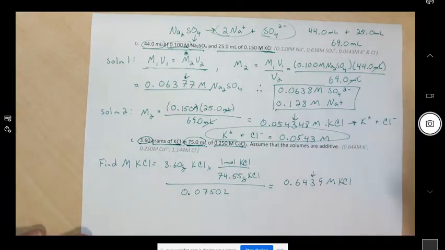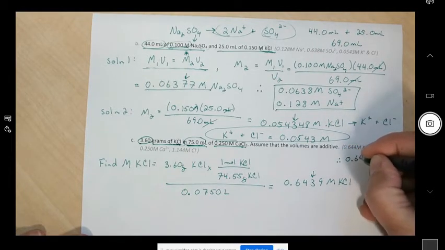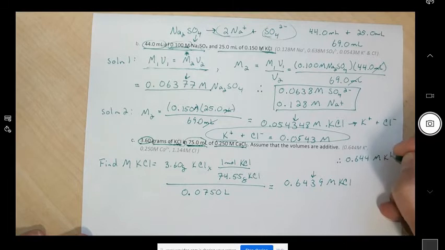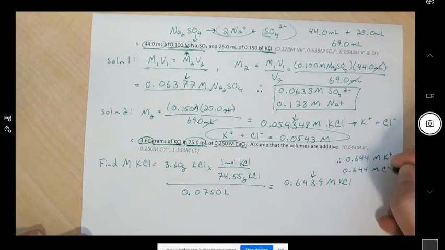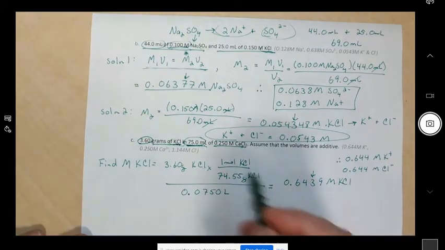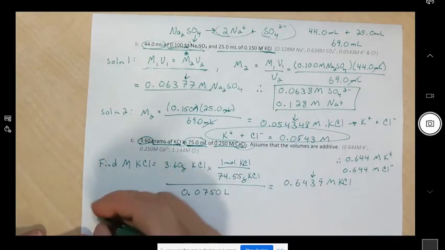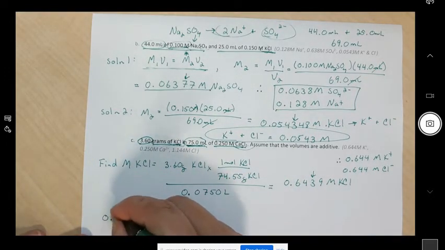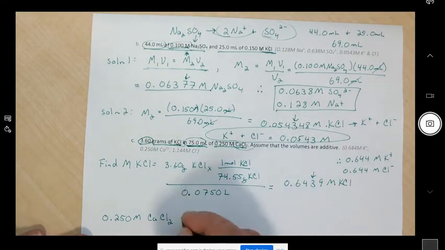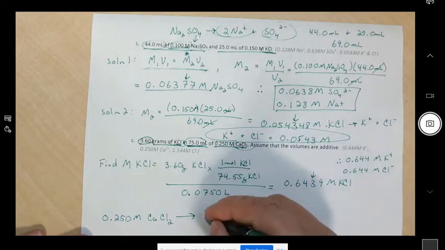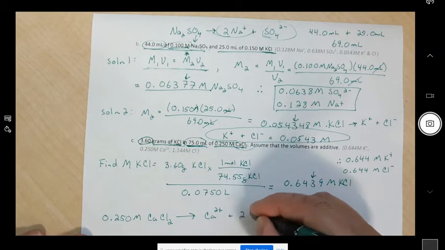So therefore, I've got 0.644 molar K+ and 0.644 molar Cl-. But I've got some chloride coming from this other compound. Now, since I already know the concentration, I've got 0.250 molar calcium chloride. I know this is going to break down into Ca2+ and 2 Cl-.